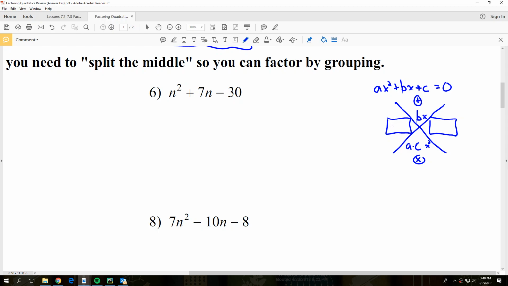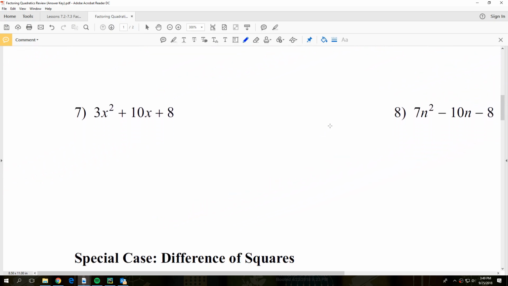You need to come up with a number next to an x, and another number next to an x, that will multiply to get ac x squared. For example, 1x times 1x gives 1x squared, and add to get bx. For example, 1x plus 1x would be 2x. That's exactly what we want, and that will tell you how we split up this middle term, bx. Okay, so let's go through and practice that.